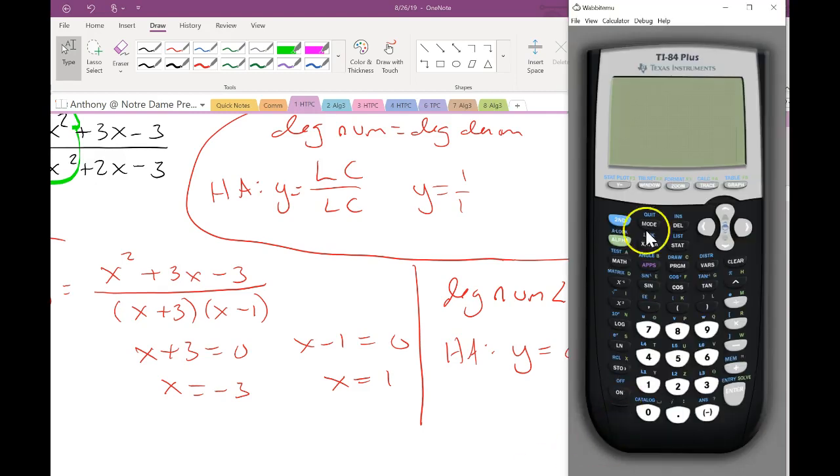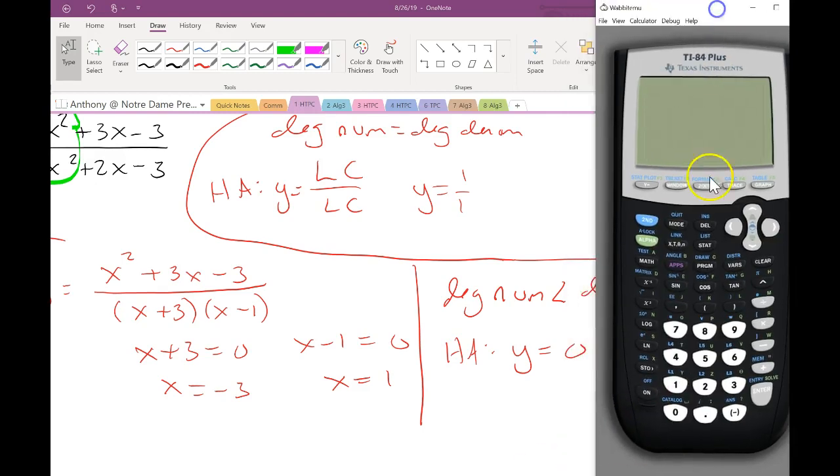So let's just kind of check that out. I'm just going to alter what we have here by taking out this x squared and that 3.